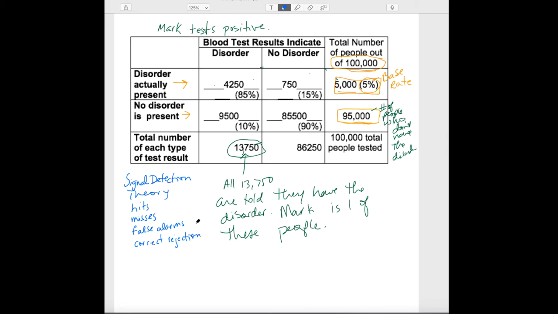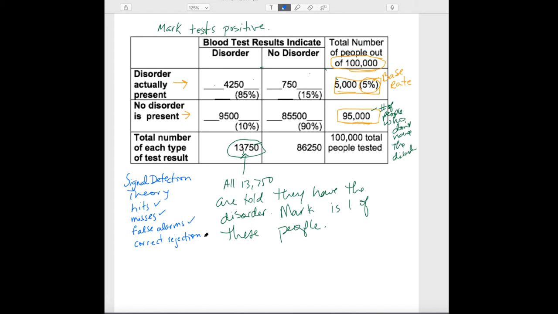So this test is trying to detect, say, a type of cancer, and the test can be correct and say, yes, the person has cancer. That would be a hit. The test might incorrectly say that a person does not have cancer. It'll miss it. Or it can incorrectly say that a person does have cancer when they don't. That's the false alarm or false positive.